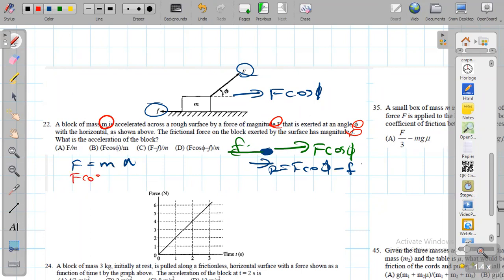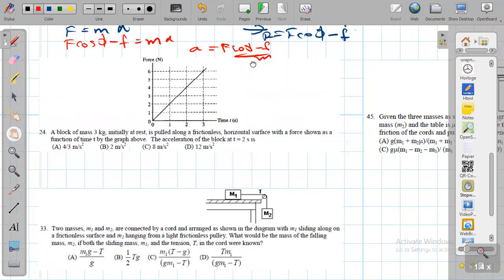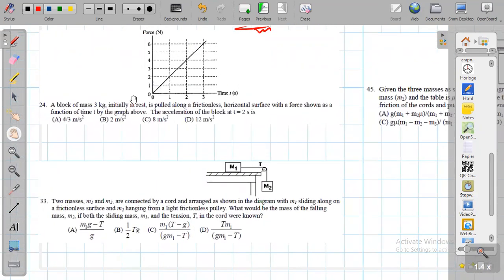F cos phi minus f equals ma. Acceleration equals F cos phi minus f over M. So the answer is D. Mark your answer. It's not a very complicated question. It looks hard only, not actually hard.